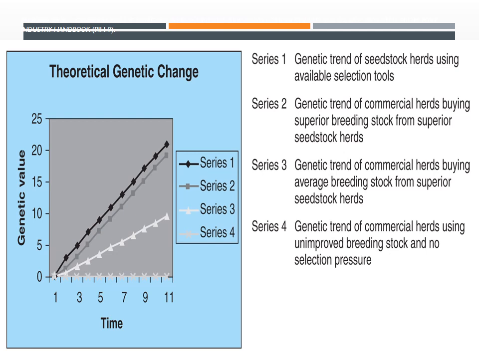For example, these commercial herds might be buying breeding stock from the black series right above it. And so you see that parallel line, their genetics very closely following what's going on in the seed stock or purebred herds, so to speak. And then leading the way at the top with the highest linear improvement is the black line with the diamonds, the seed stock herds using all the available selection tools, making the most genetic progress.